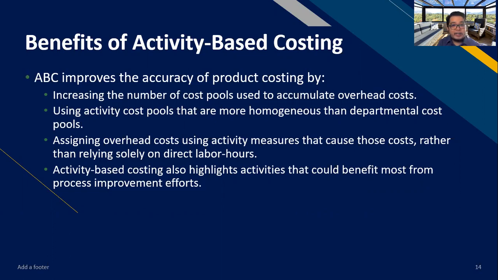Increasing the number of cost pools used to accumulate overhead costs lets you monitor these costs better. Using activity cost pools that are more homogeneous than departmental cost pools means there can be a better way of predicting those costs because they have the same cost drivers. And if it's easier to predict those costs, then it improves your financial planning activities.